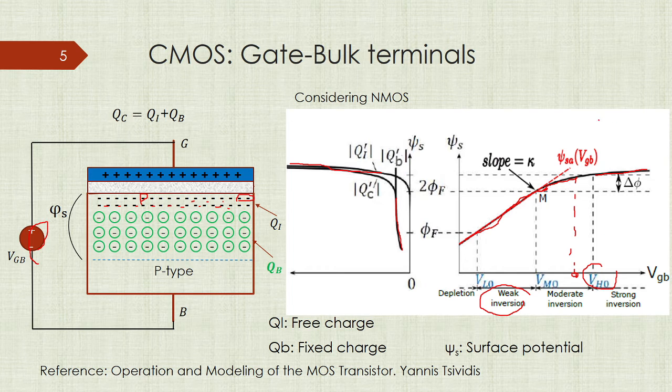In strong inversion we can use some simplifications. For example, we can say that the potential after the threshold will be almost constant, and below the threshold we will not have potential, and also that the total charge will be approximated by Qi.